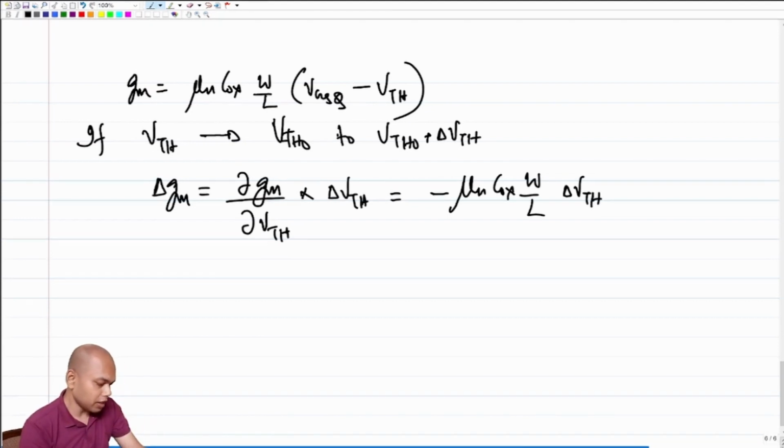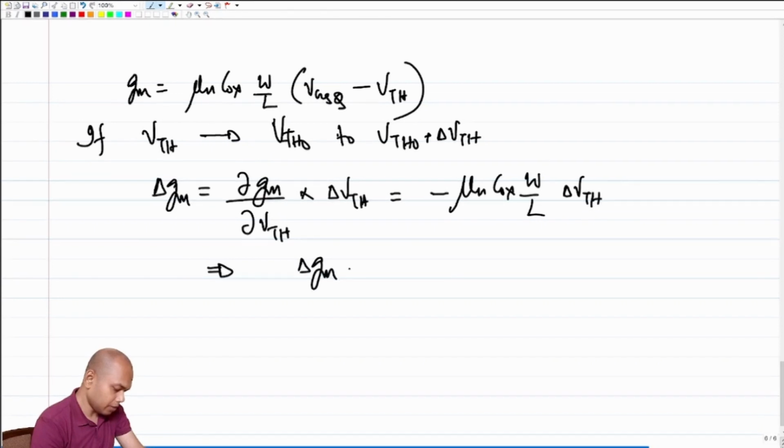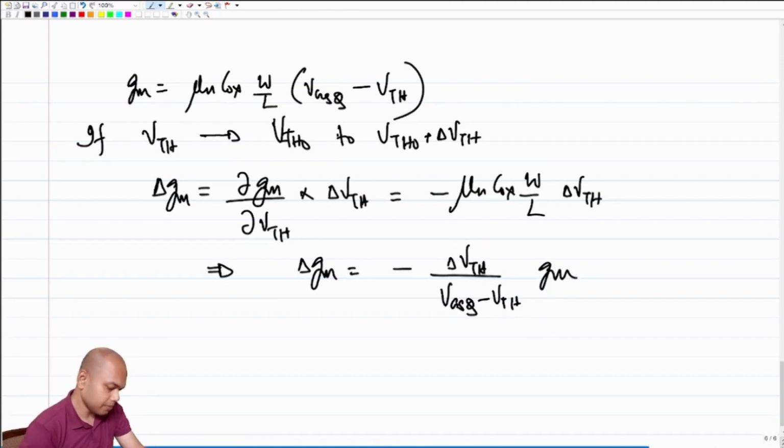Because if threshold voltage increases, the value of Gm decreases, so the negative sign is testament to that. So delta Gm becomes, if I write it again in terms of Gm, by multiplying with VGSQ minus threshold voltage, delta VTH divided by the overdrive times the original Gm.